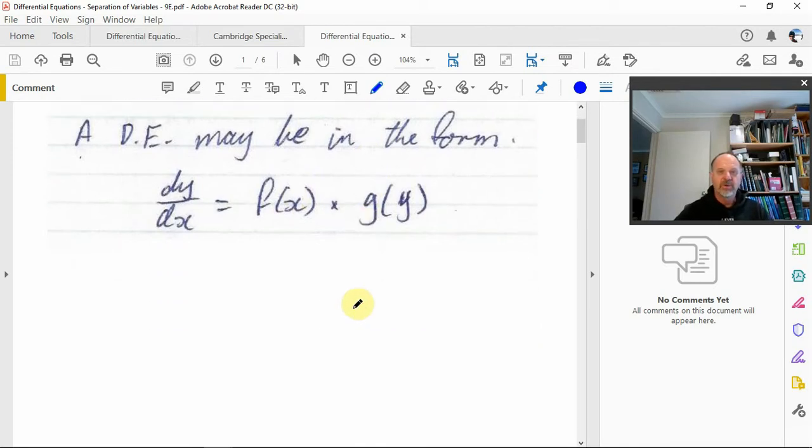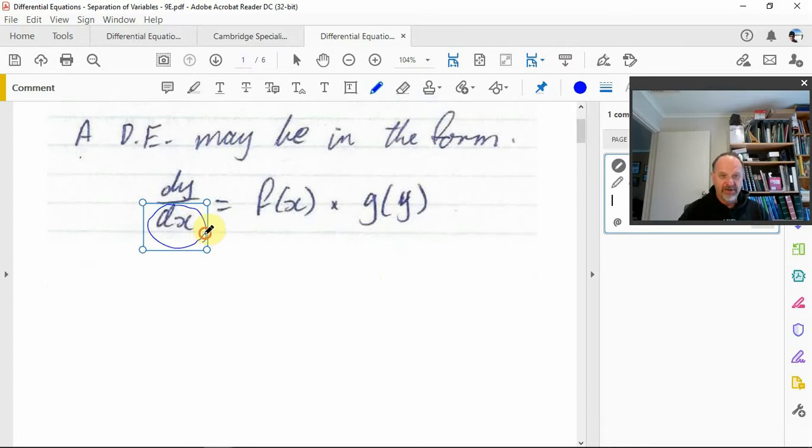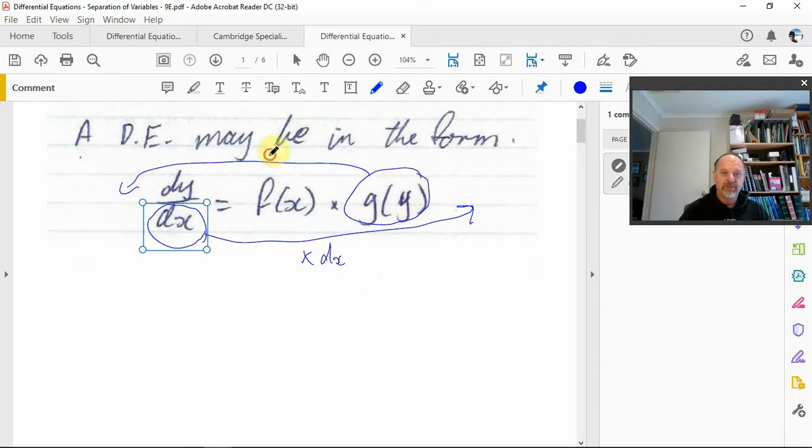So what we can do here, this is where we call the separation of the variables, we can multiply both sides by dx, and we can divide both sides by g of y. And when we do that, then what we would end up with is 1 on g of y dy.